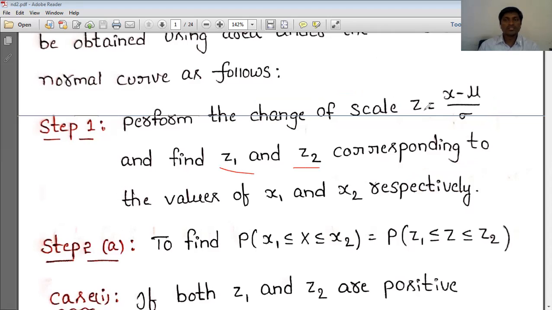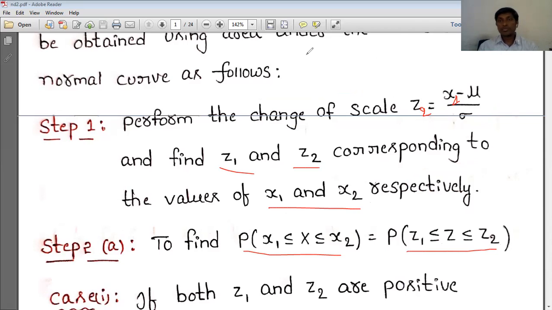For x1, z1 is equal to x1 minus mu by sigma, and for x2, z2 is equal to x2 minus mu by sigma.